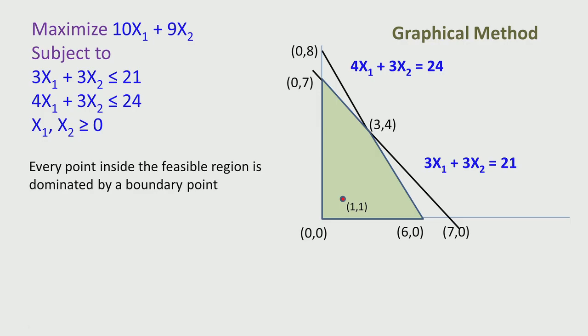the objective function. I use the term better because if the objective function were to minimize, then when I move it leftwards, I will get a better value. If it is to minimize, I will move it down to get the better value.